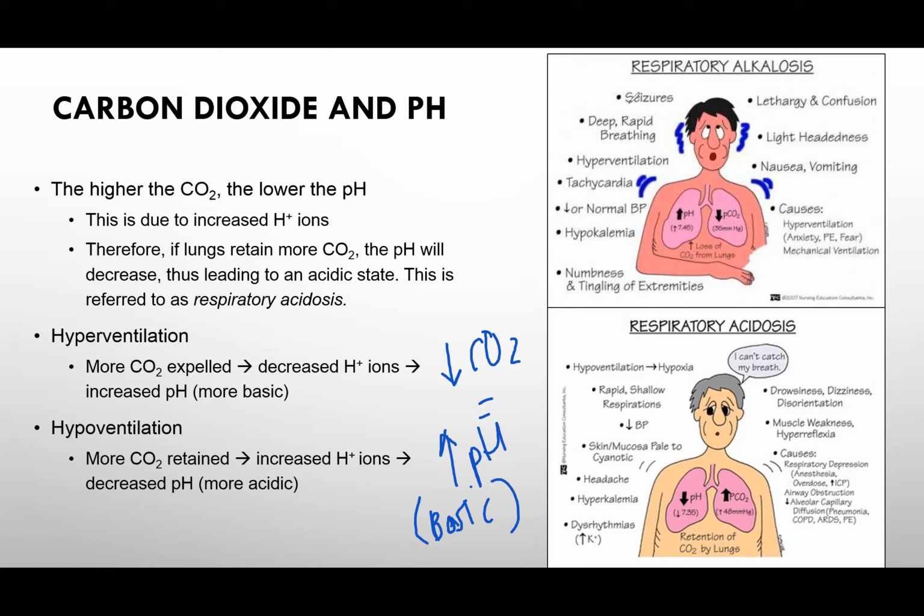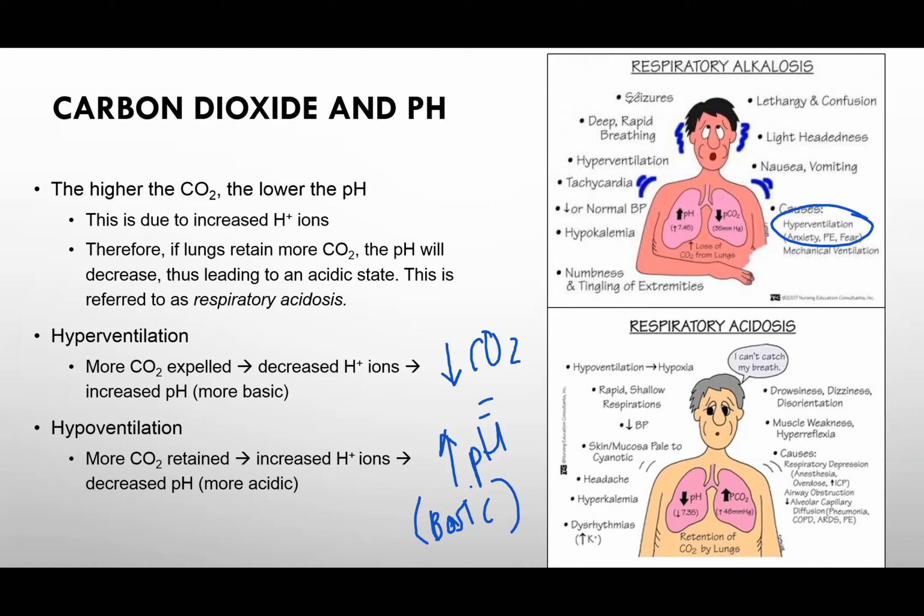Okay. One of the major causes of this, the most common cause, is hyperventilating due to anxiety or fear, or pulmonary embolism. The other thing that can happen is if a person is being mechanically ventilated, so you're sitting there squeezing the respiratory bag to help keep them alive, or the machine is doing it for them.